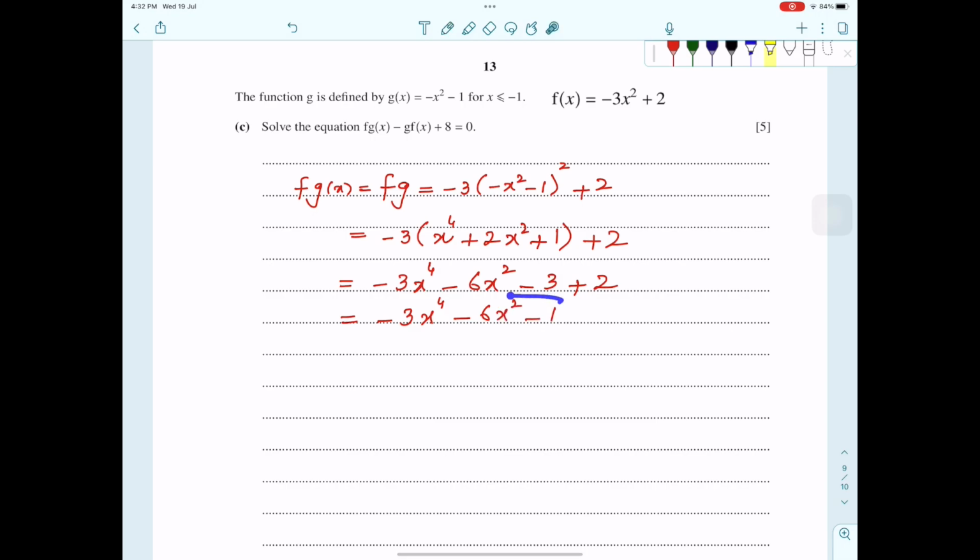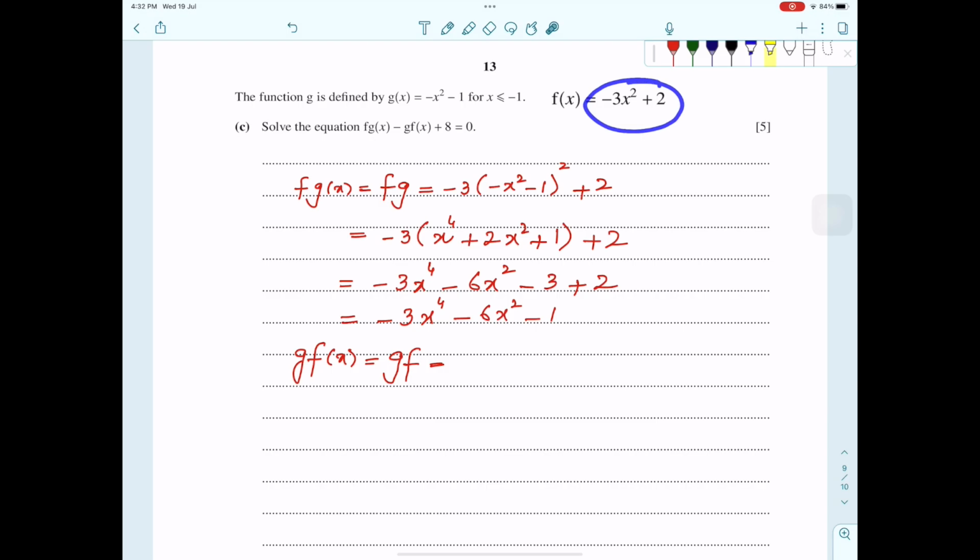And now we are going to do the same thing in g of x. But this time you will plug f of x in g. g f of x or gf, they're the same. Sometimes they write gf or gf of x. So don't get confused, they are the same.